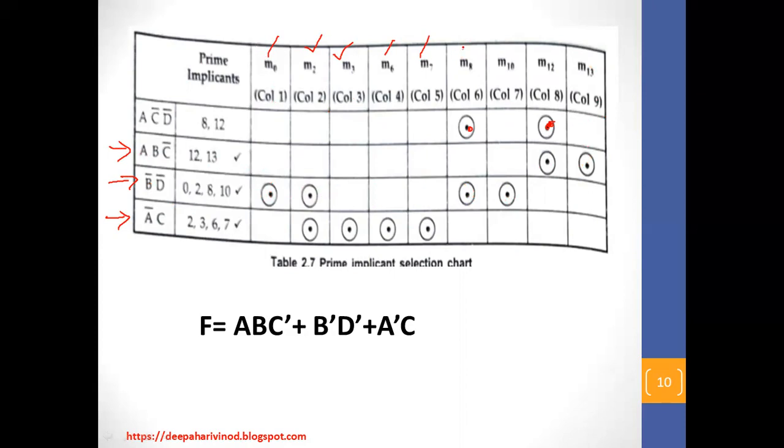It covers 8 and 10. Now if I choose this for 13, it covers 13 and 12. So this will be my simplified form of the given question. That is A B C bar plus B bar D bar plus A bar C will be the final solution of the given problem. Hope you understand this.